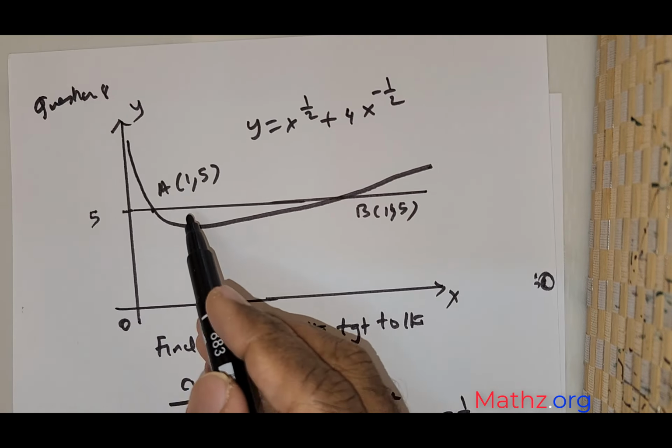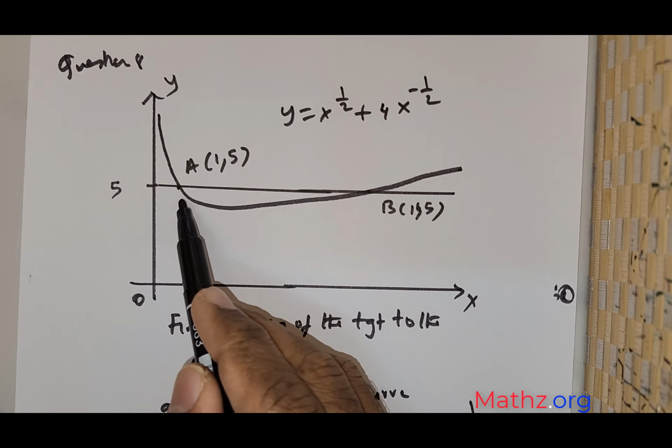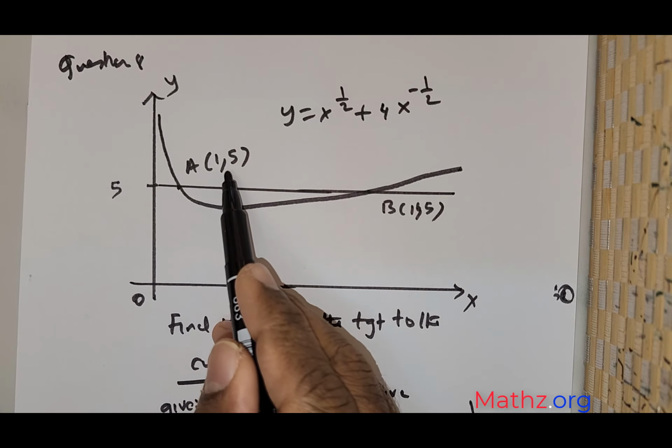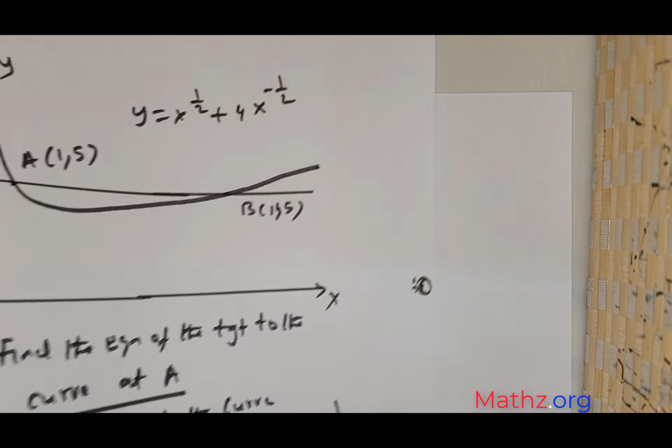Now if you see here, the curve is actually passing through the point 1 comma 5, right?